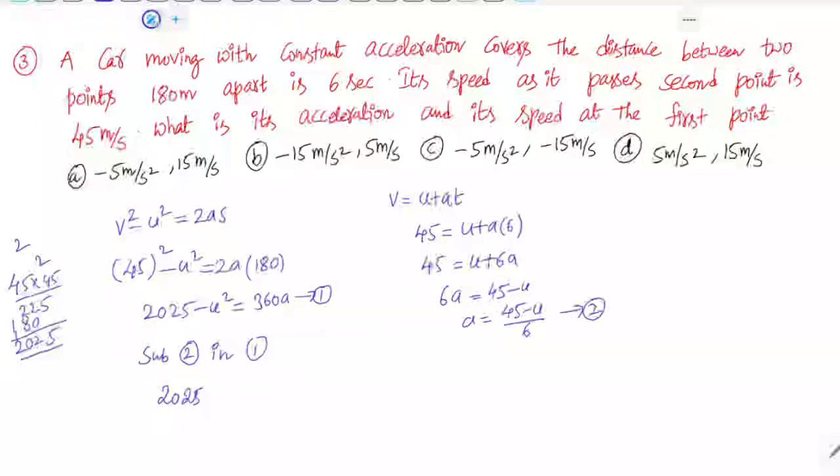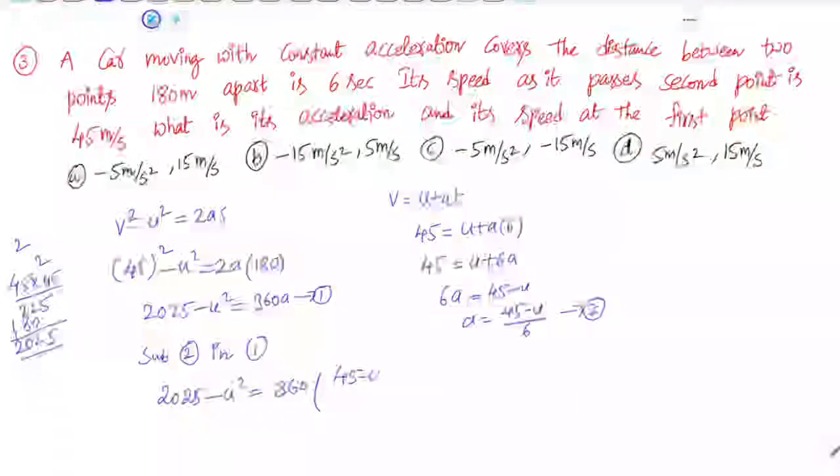In the first equation, if you substitute, it becomes 2025 minus u square is equal to 360 into, in place of a, (45 minus u) by 6. Now 6 ones, 6 sixties. Okay, what is the product of 60 and 45? 45 times 6 is 270, and you have 0, so it is 2700 minus 60u.